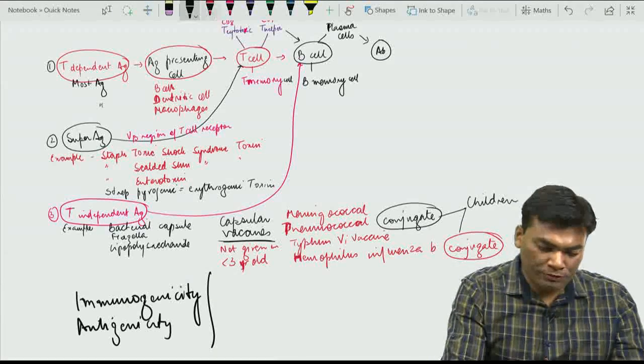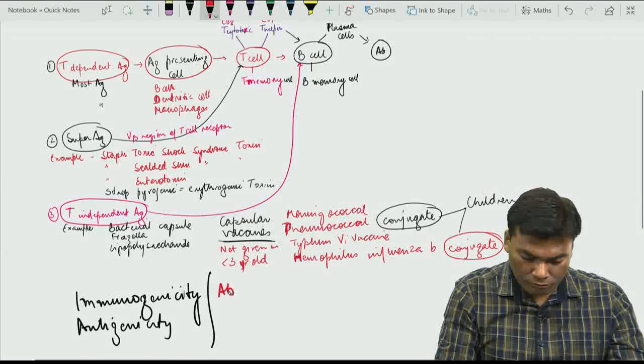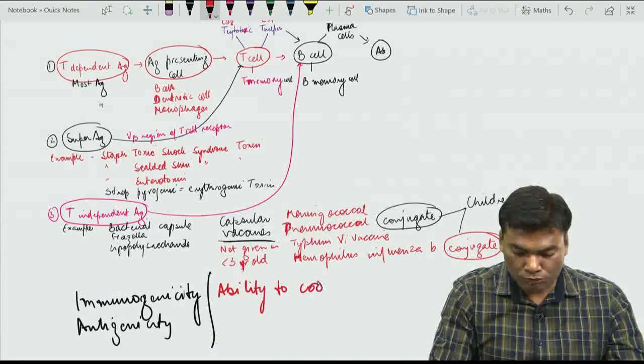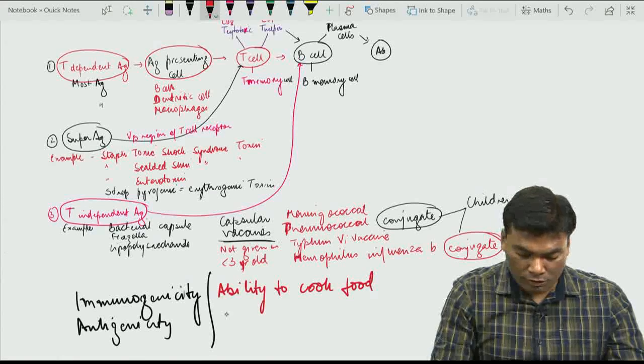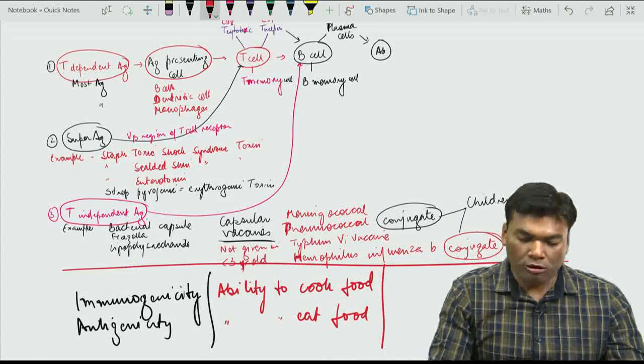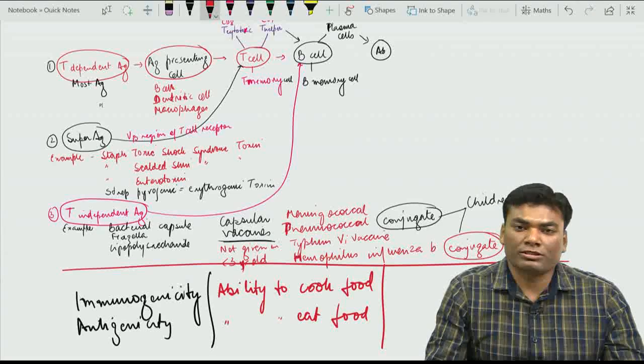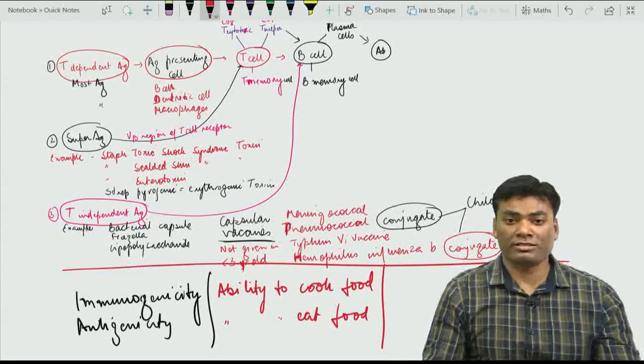Okay, to simplify it, immunogenicity is the ability to cook food, and antigenicity is the ability to eat food. So we all are always antigenic, but we are seldom immunogenic, right? Nobody wants to cook their food, right?